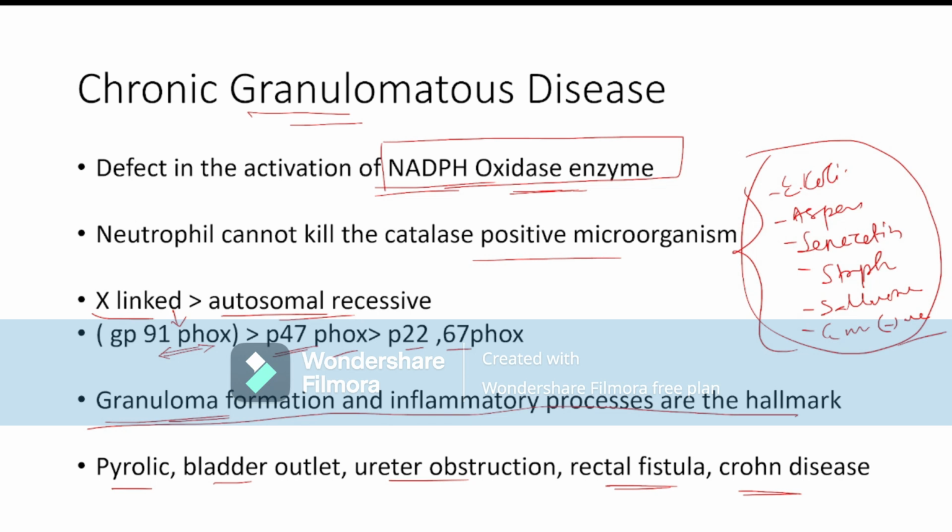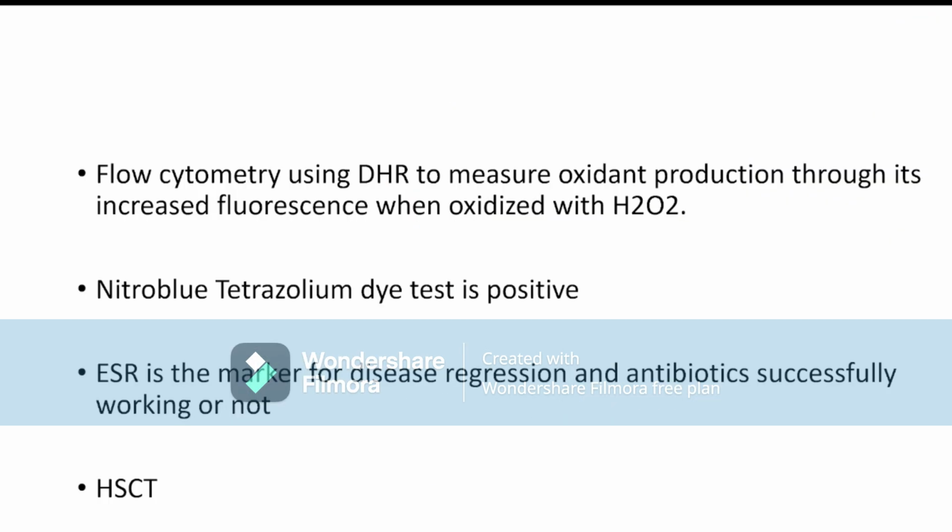then think about CGD. So, the investigation of choice is flow cytometry using the dihydrorhodamine enzyme to measure the oxidant production through its increased fluorescence when oxidized with H2O2. That means we add oxidase and H2O2, and we see how much HOCl the body produced.